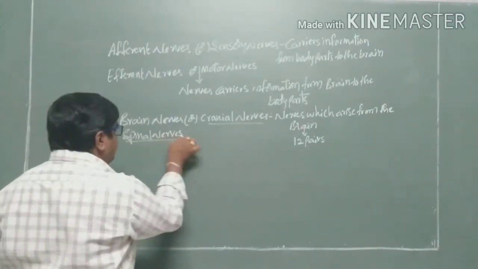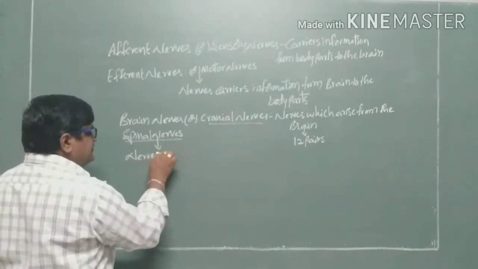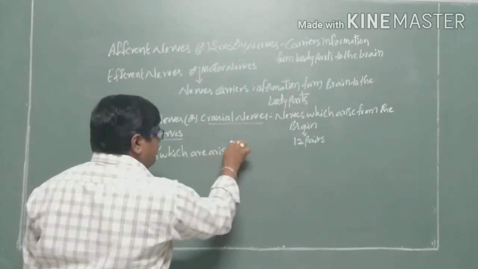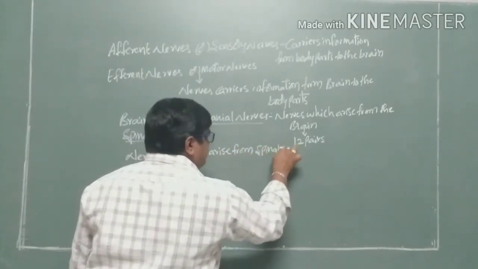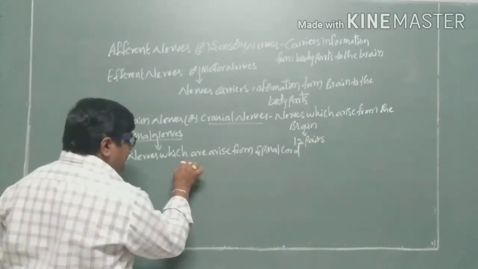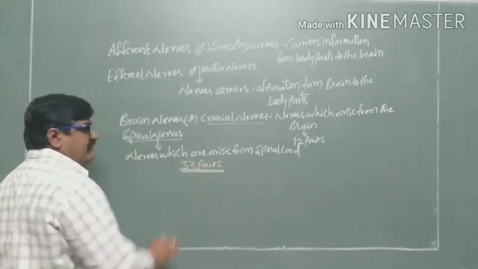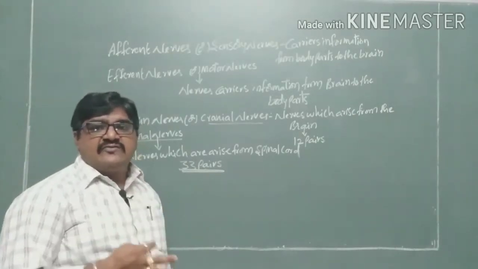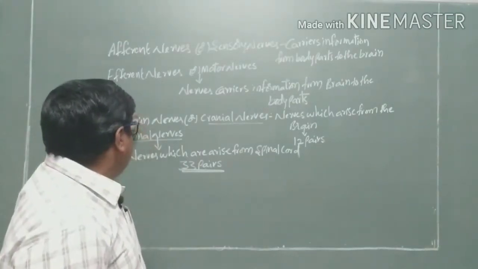And the spinal nerves are the nerves which arise from the spinal cord. There are 33 pairs of spinal nerves present.